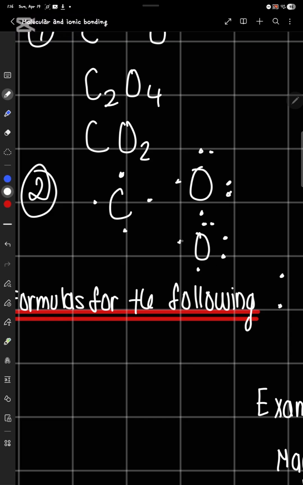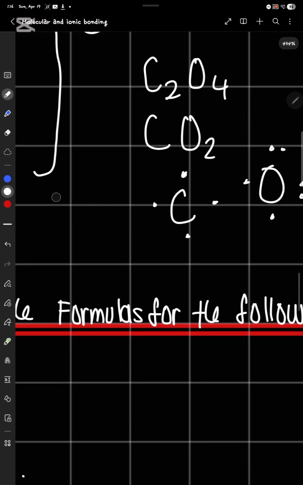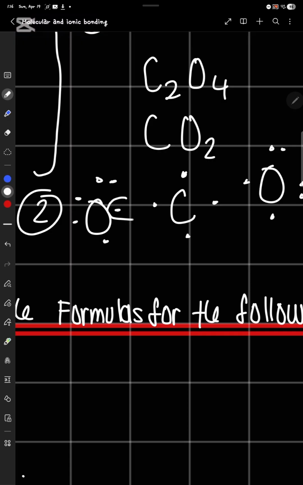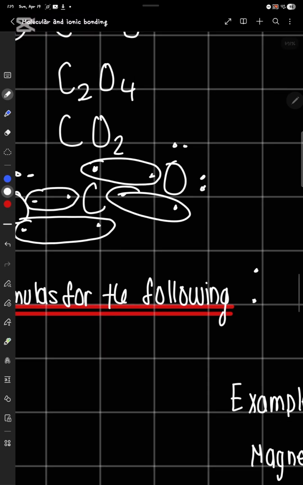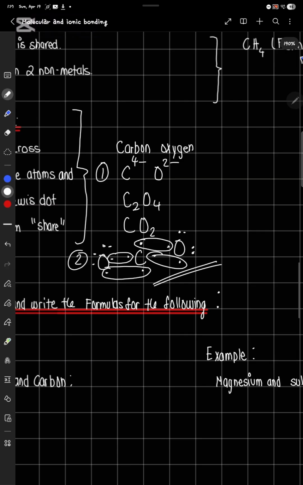Actually, let me just draw it on the other side. It's much easier. So 1, 2, 3, 4, 5, 6. Okay, and how do you show the sharing? You can either just connect it like this, or you can draw a bubble like that. There you go. That's your CO2 right there.